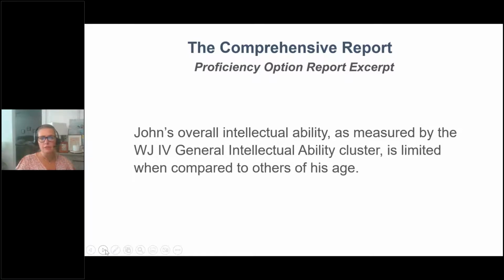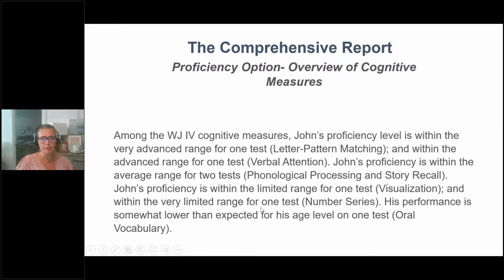If we want to look at the proficiency option, again, through the lens of the relative proficiency index, the proficiency option is going to tell us more about the student's functioning. John's overall intellectual ability, as measured by the WJ4 General Intellectual Ability cluster, is limited when compared to others of his age. Here's another in-depth example of an excerpt for the proficiency option.